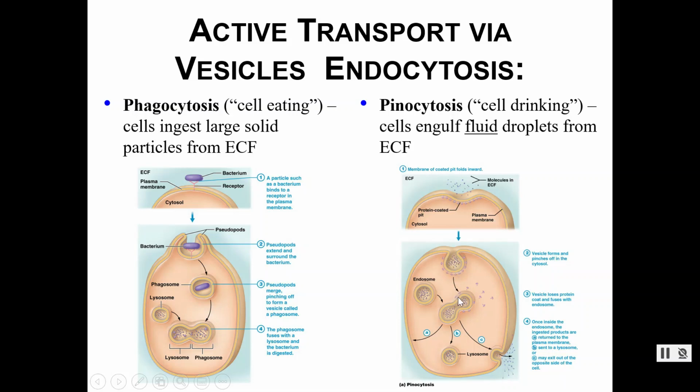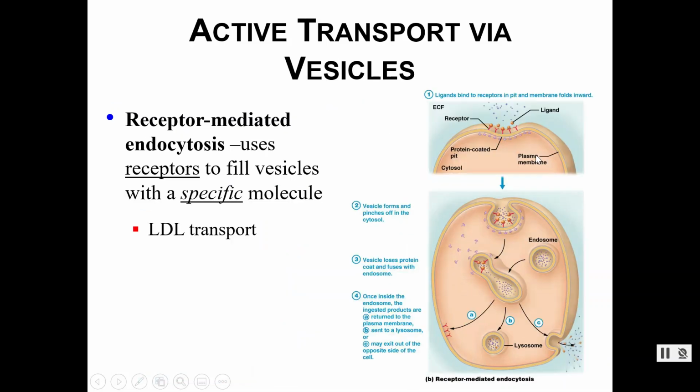We can bring them inside and do something with them. If we end up destroying these or making some sort of waste product, we can also get rid of any of the waste products as well. But phagocytosis, we're doing large solid particles. Pinocytosis, we're doing little fluid droplets. So we eat solid things, we drink liquid things.